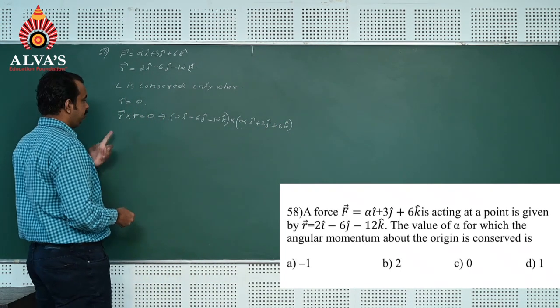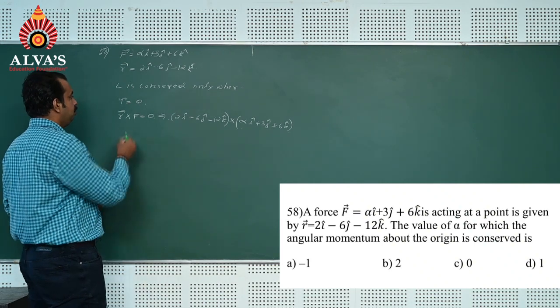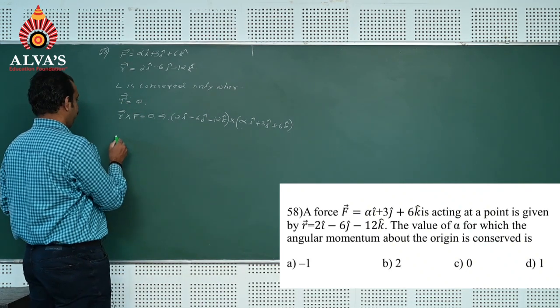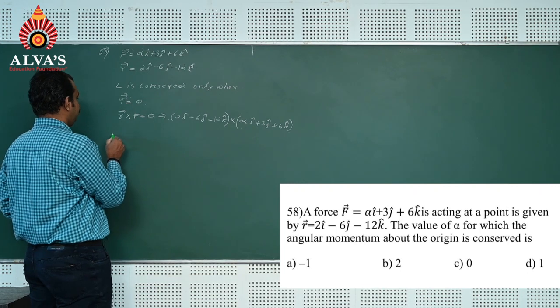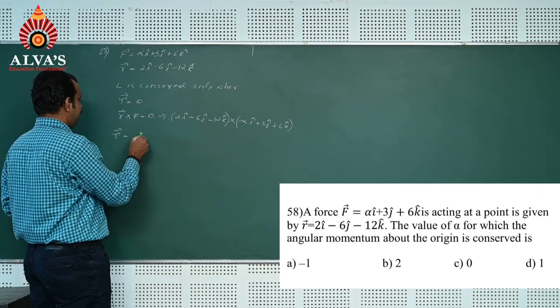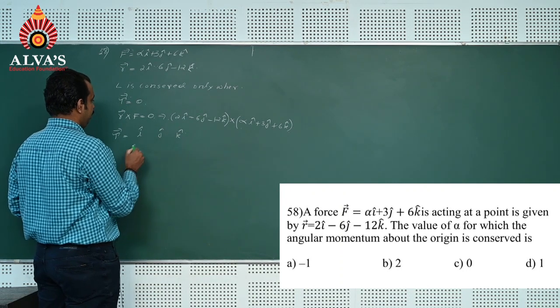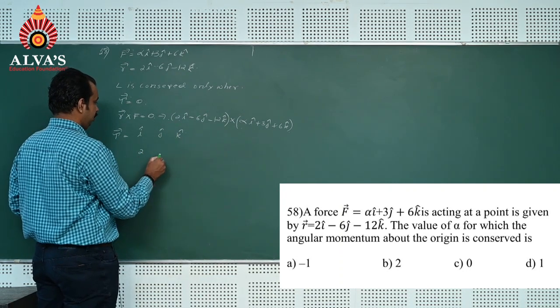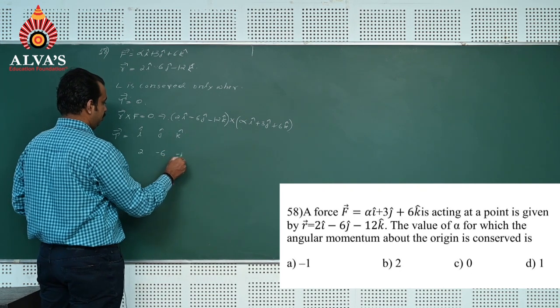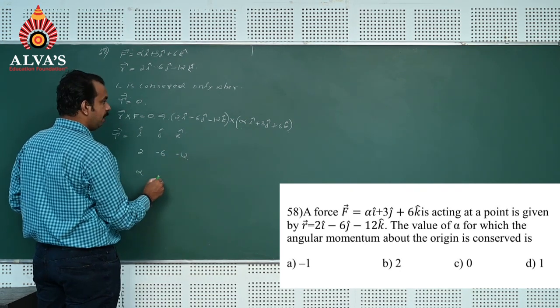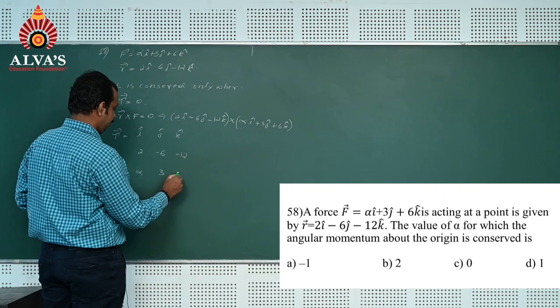Now to find r cross F, the torque vector tau, we can take the matrix form, with rows i, j, k; r is 2, minus 6, minus 12; and F is alpha, 3, 6.